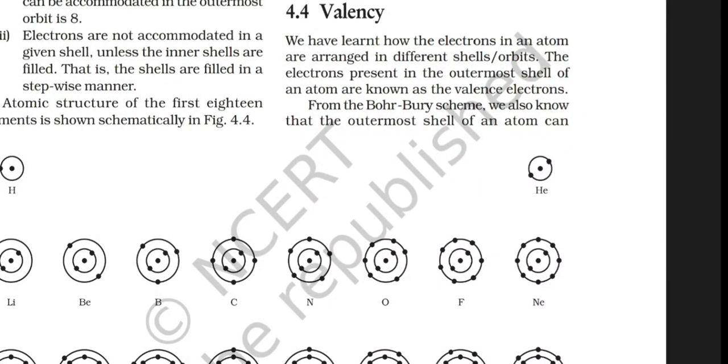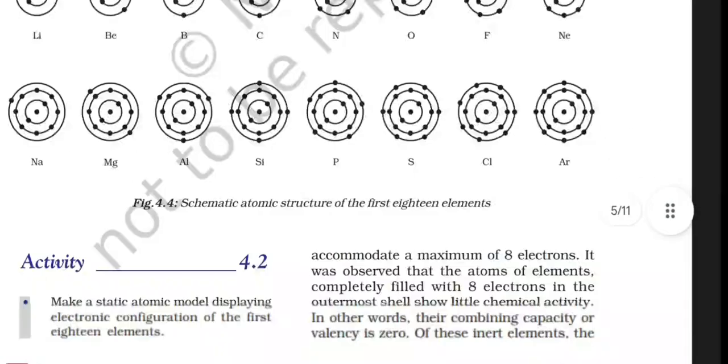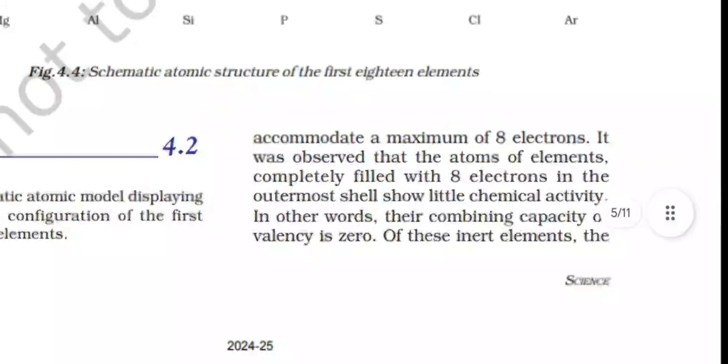Now, from the Bohr and Bury schemes, we also know that the outermost shell of an atom can accommodate a maximum of 8 electrons. It was observed that the atoms of elements with completely filled shells of 8 electrons are stable. So most atoms tend to have 8 electrons to fulfill their valency. In other words, their combining capacity or valency is 0.